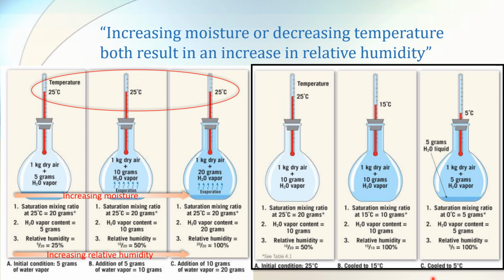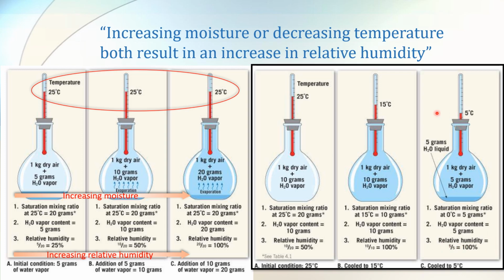So in the meantime, the relative humidity of the air inside remains at 100%. So the relative humidity has already increased at 15 degrees. So when you decrease the temperature, the relative humidity has already increased.